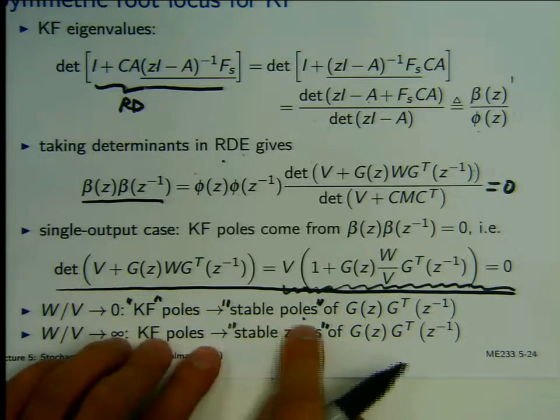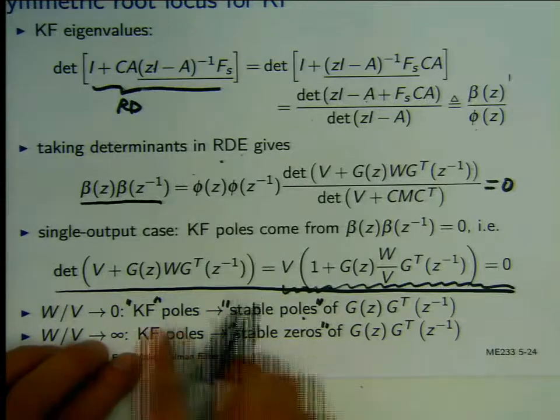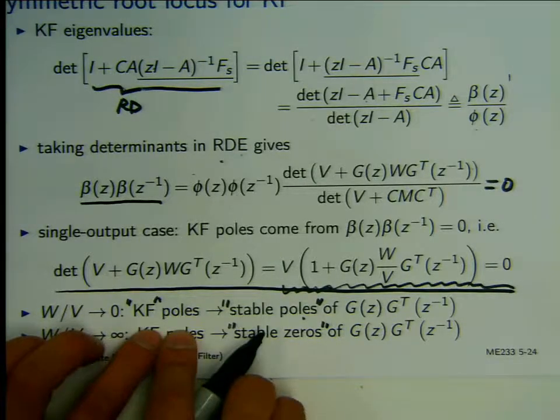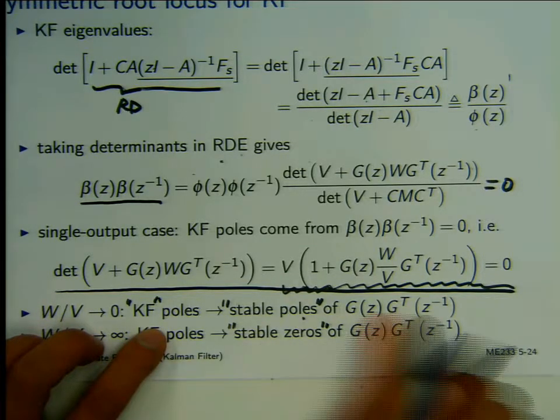It has to be the stable poles of that. Why is that? Yeah, exactly, that's exactly the reason. We have proved that the Kalman filter is stable, right? So it will not be the unstable poles of this.